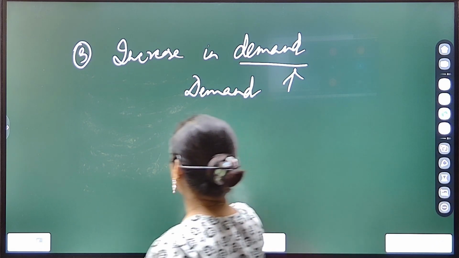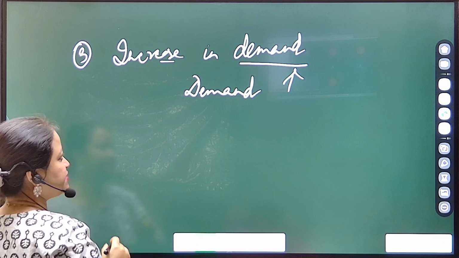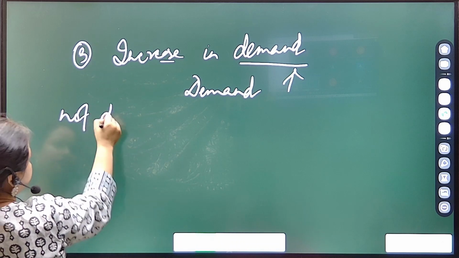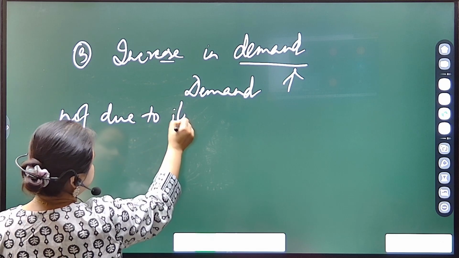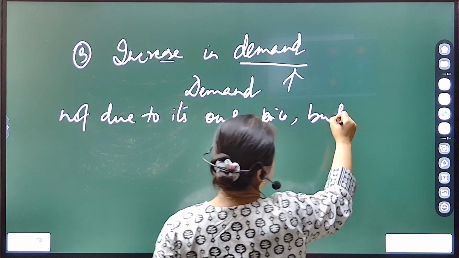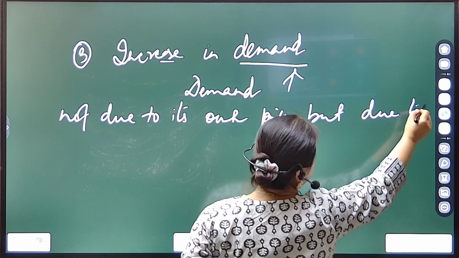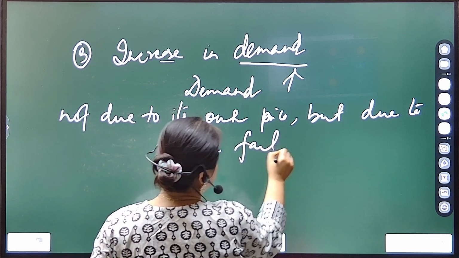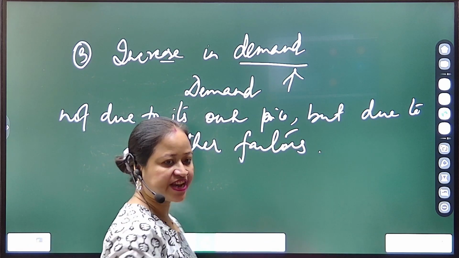So here, what is increase in demand? In increase in demand, demand increases not due to its own price, but due to other factors. Okay, other factors can be anything.